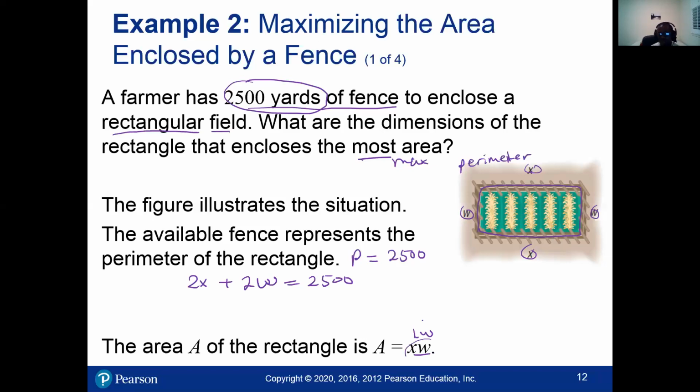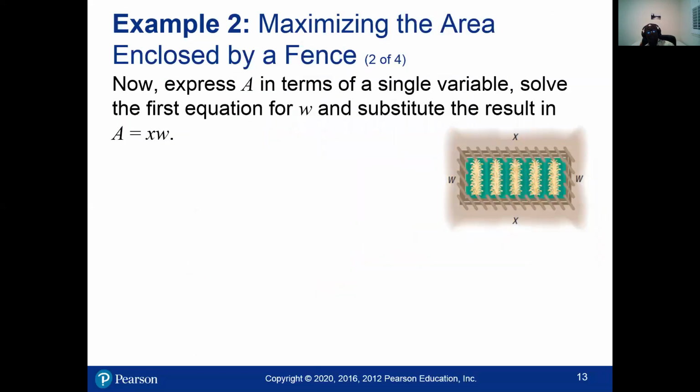All right, for us to go further, we need to express the area in terms of one variable. It has two, so we can't solve it in that way. We have to get two equations and solve them simultaneously, but we want to express this in terms of one of the variables, x or w. So let us express the area in terms of a single variable: solve first the equation for w and substitute into the function.